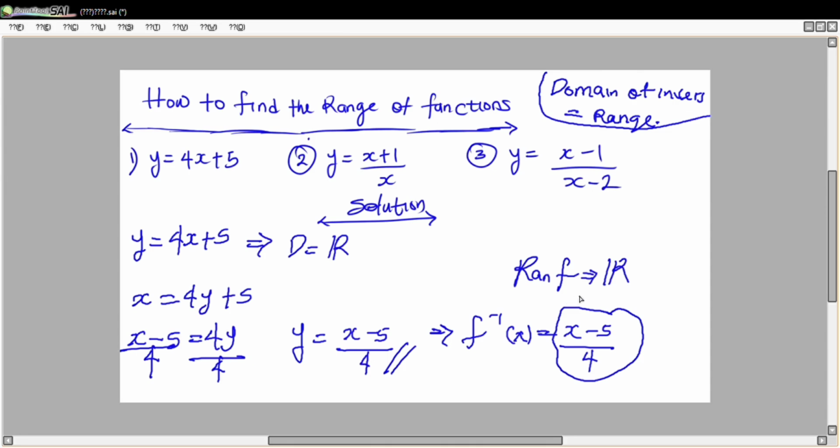In short, note that for any straight line equation, the domain and range is always all real numbers. So you don't need to stress yourself on solving or trying to think about it. For any straight line equation, the domain and range is always what? Real numbers. Let me clean the board so that we can move to the next example.